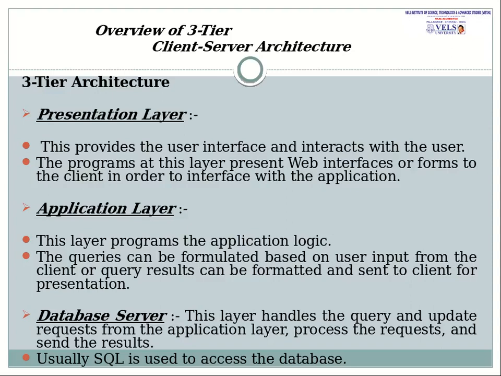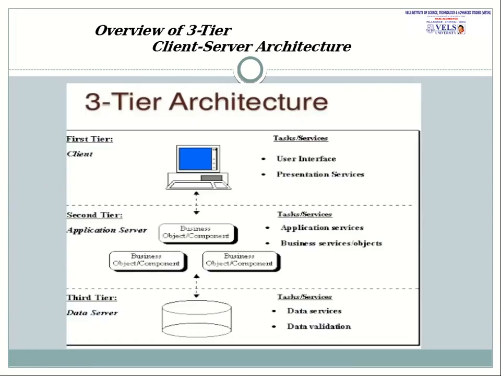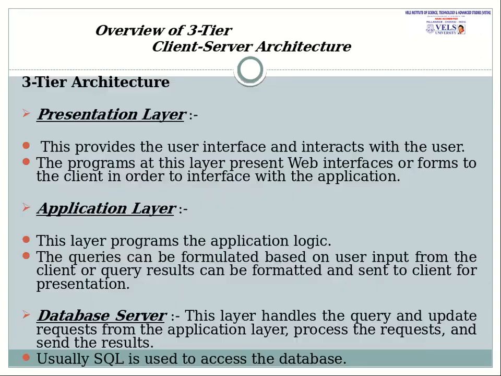This layer presents web interfaces or forms to the client in order to interface with the applications. The application layer is the program for the application logic. It holds all the application objects and components written for this application layer.